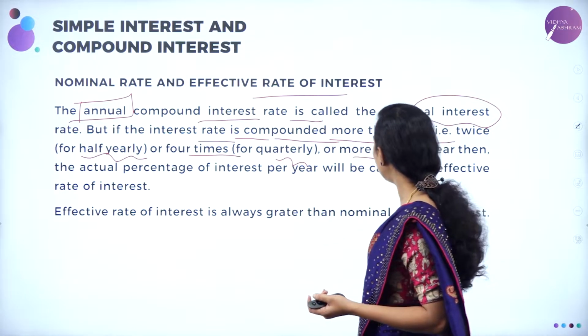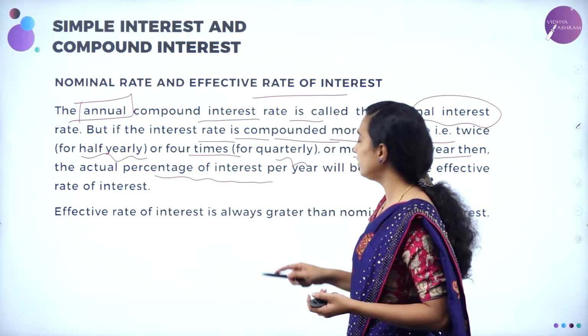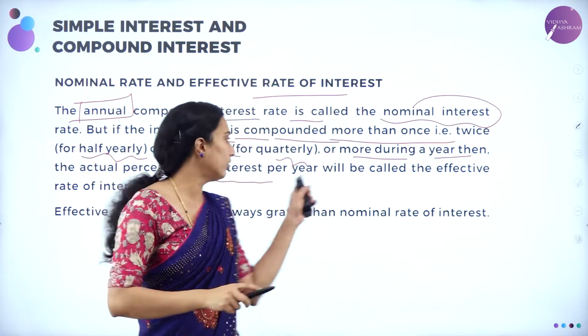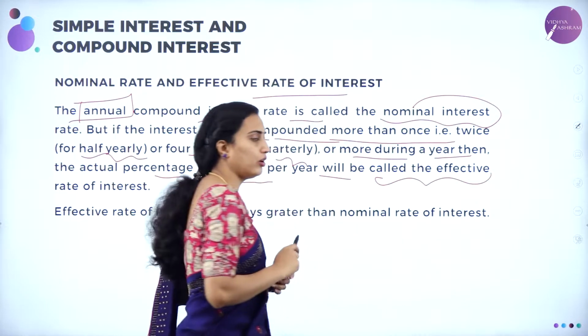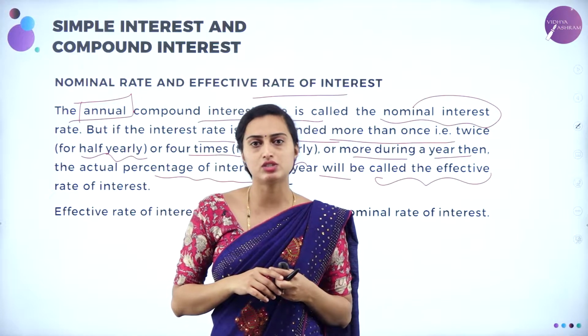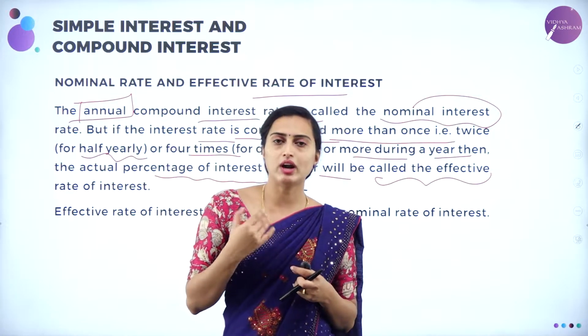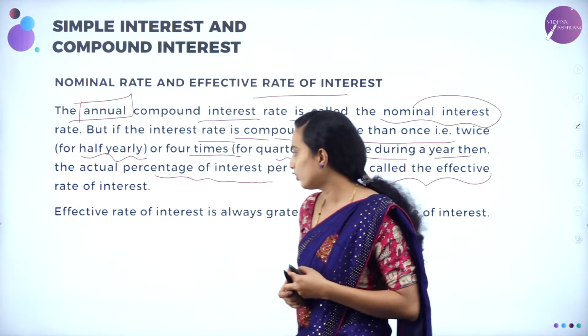So, if compounded more during a year, then the actual percentage rate of interest per year that you are going to calculate is going to be known as the effective rate of interest. In a year, half yearly means you are going to take it as 2, quarterly means you take it as 4, thrice like that.